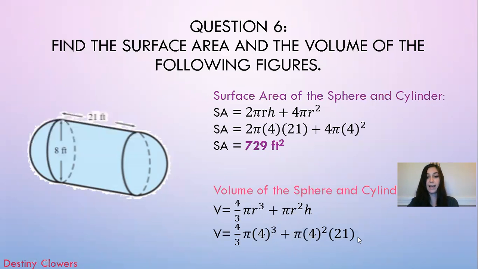And when we add and multiply that, we get our volume, which is 1,324 feet cubed. And notice that volume is always going to be cubed, while area is always going to be squared. So don't get those two confused.